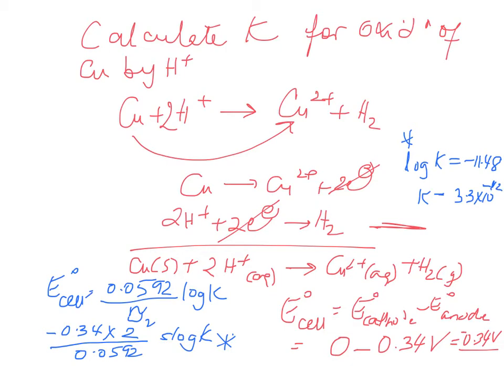That's a pretty small value, and that should tell you that since it is such a small value, the backward reaction is going to be more predominant, and the equilibrium is not going to go in a forward direction.